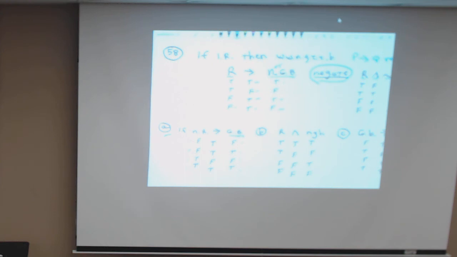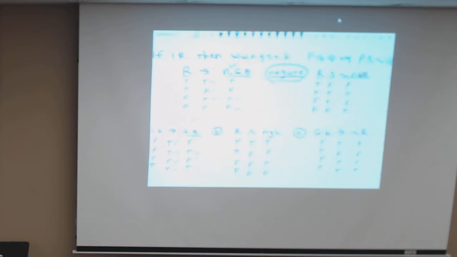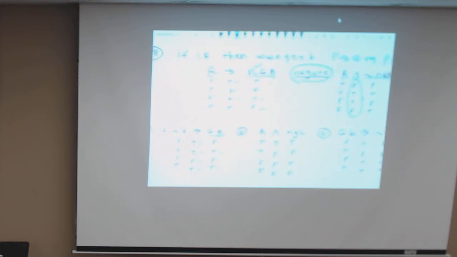So false and false is true. False and true is true. True and false is false. And true is true. What do they want me to do with these? Which statement is the negation of that? So if I negate the statement, I'm looking for false, true, false. Well, that's true, false, true. So that one didn't work.